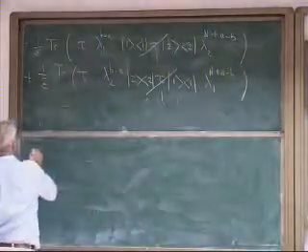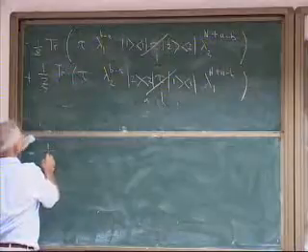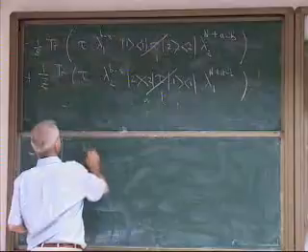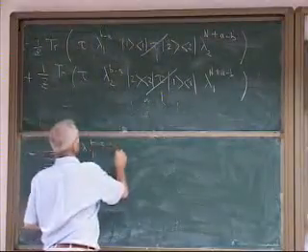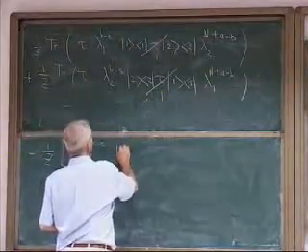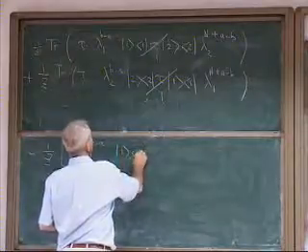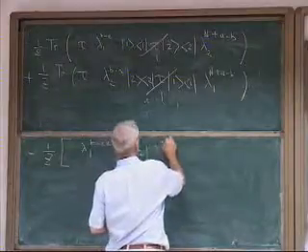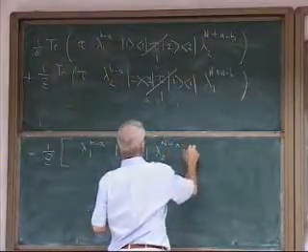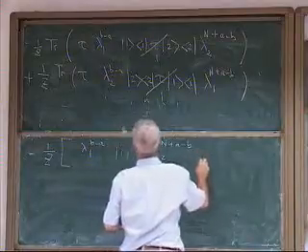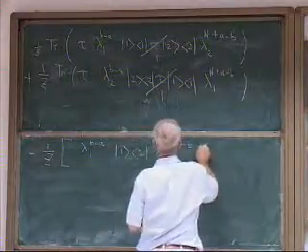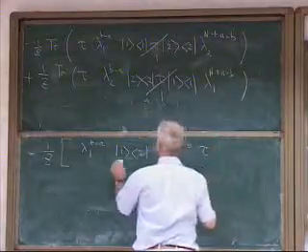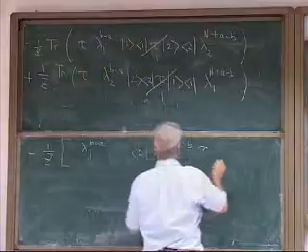So I get, for this correlation function, 1 over z, lambda 1 to the b minus a, 1, 2, lambda 2 to the n plus a minus b, and then here I have 2, tau, cyclic invariance of the trace.